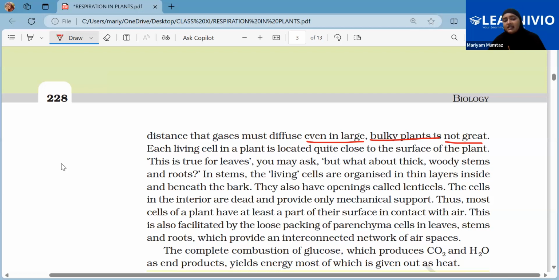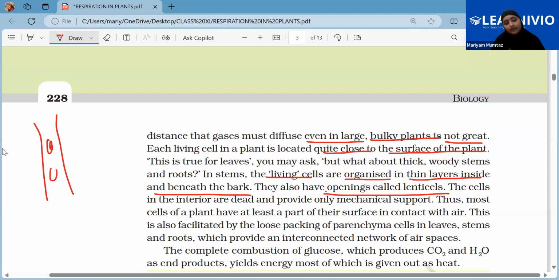Now, each living cell in a plant is located quite close to the surface of the plant. This is true for leaves, you may ask, but what about thick woody stems and roots? The living cells are organized in thin layers inside and beneath the bark. They also have special openings called lenticels. If you have seen pictures of the bark of a tree, you might have seen something like this.